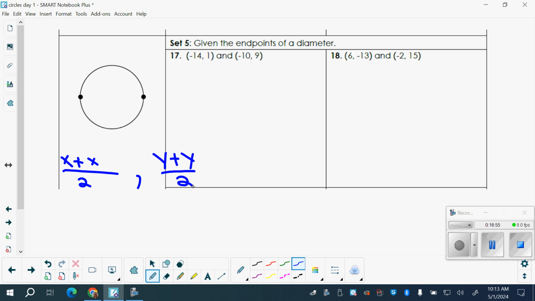It's so easy. So I'm going to say, oh, look, negative 14 plus negative 10. Well, that's negative 24 cut in half. You know what that's going to be? Negative 12. And on this guy, I'm going to take a 1 and the 9 and cut them in half, and that's going to just be 5.